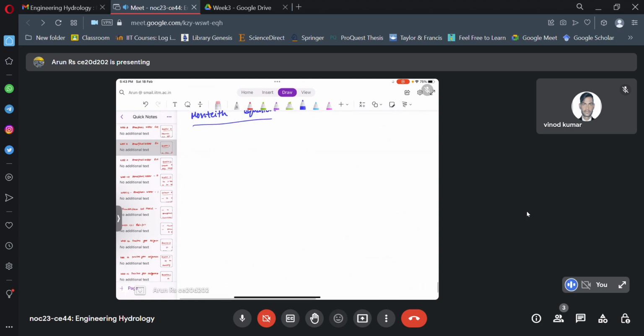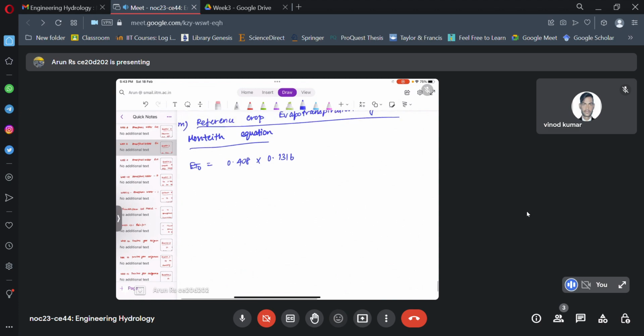So your Penman-Monteith equation is ET naught equal to, it was given in the question, I am just substituting the expression directly: 0.408 into your delta, 0.1316, this is in kilopascals per degree centigrade, into your net radiation in megajoule per meter square per day, plus 66.07 into 10 power minus 3.